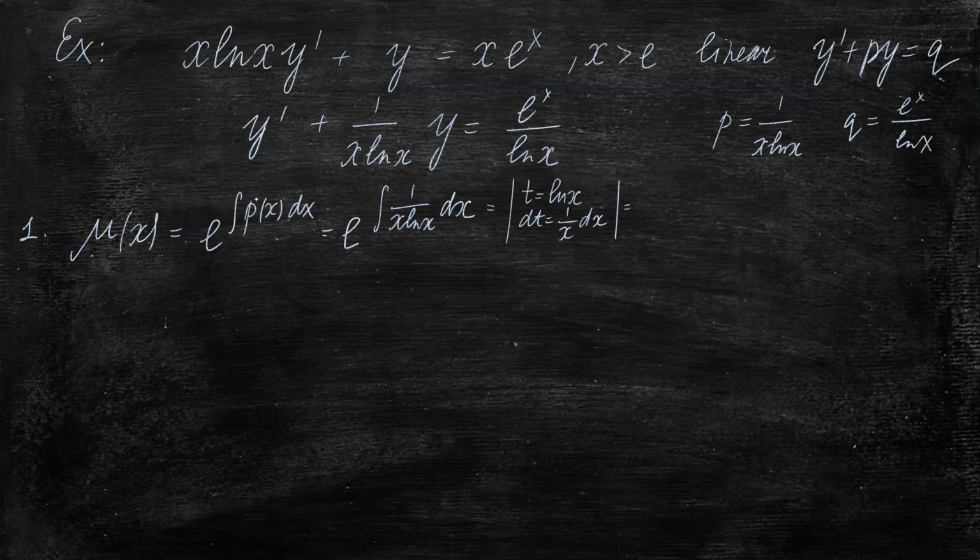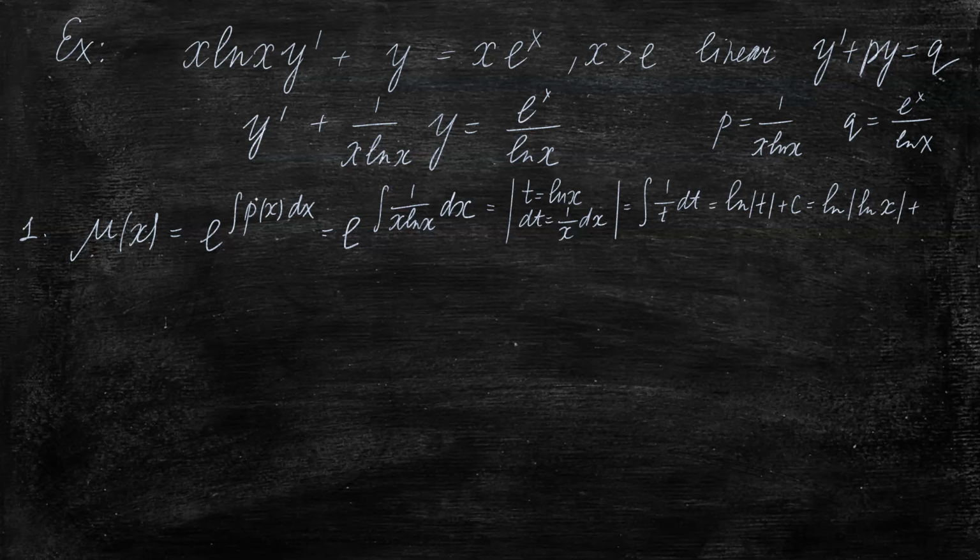So this integral now becomes the integral of 1 over t dt, and it is ln of absolute value of t plus c, but remember t is ln x, so we have ln of absolute value of ln x plus c.